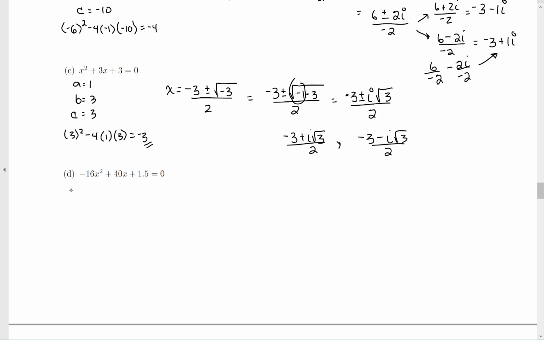So let's go through this. a is negative 16, because it's negative 16x squared, plus 40x, so my b is 40, plus 1.5, so my c is my constant, 1.5. b squared, oops, messed that up, that should be 40 squared, b squared, 40 squared minus 4 times a, which is negative 16, times c, which is 1.5.